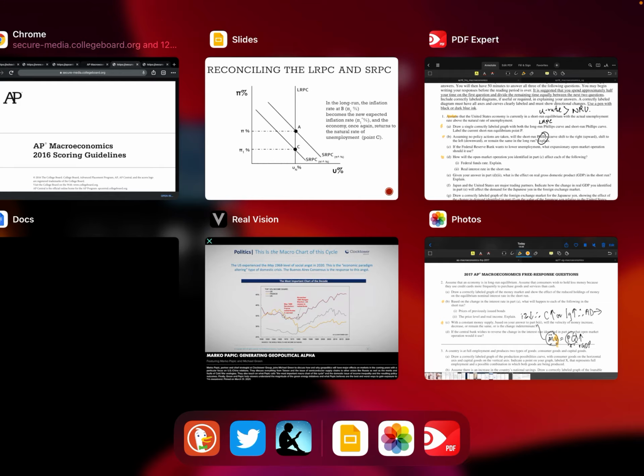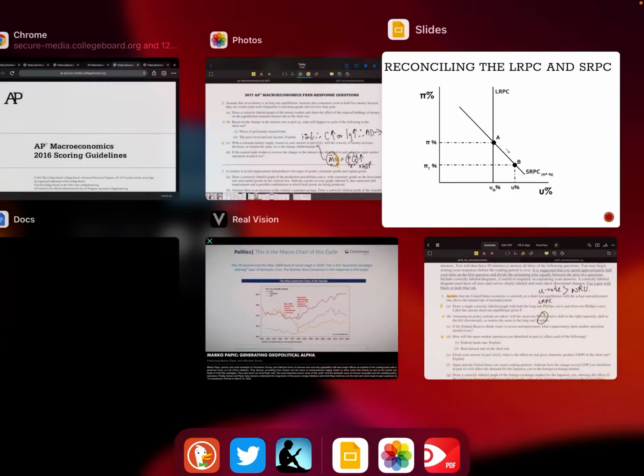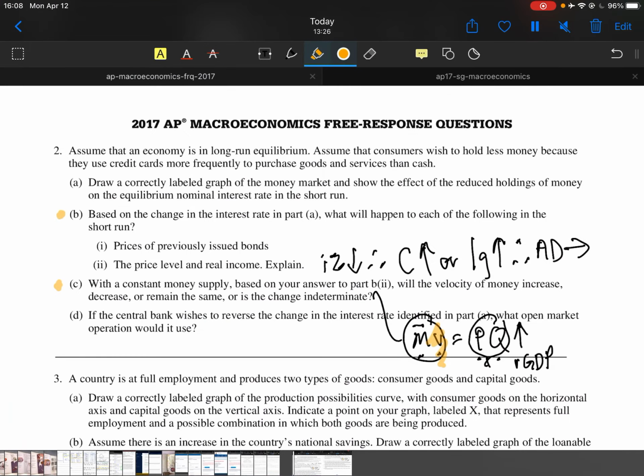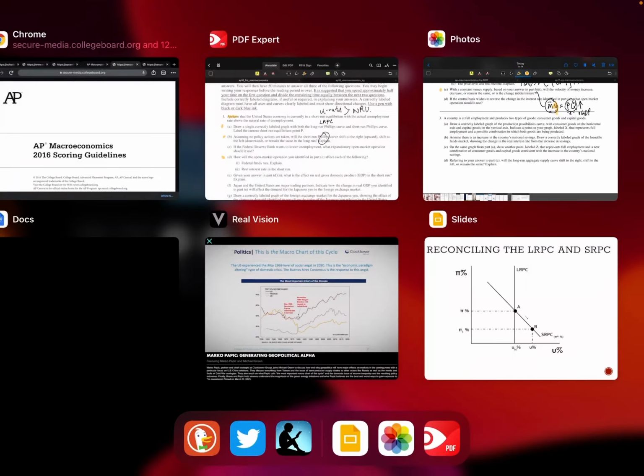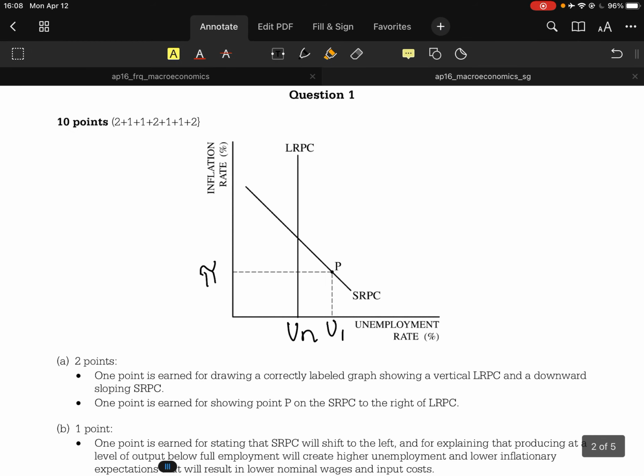I'd recommend going to the Phillips curve presentation, and you'll notice that the position of B in this diagram looks strangely similar to the positioning of P here.